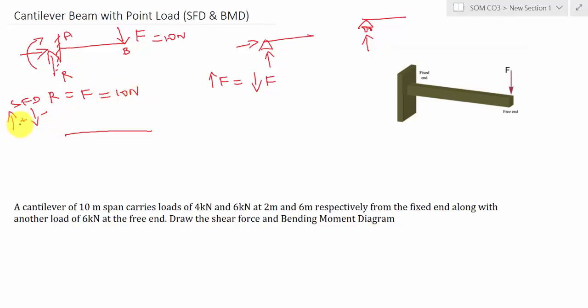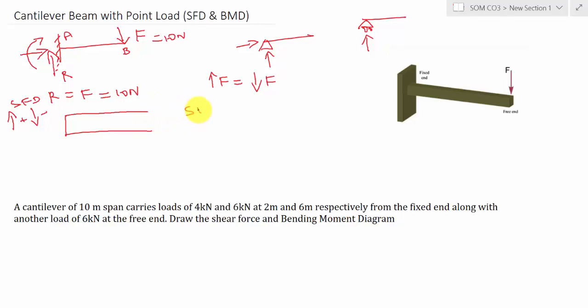Since it is acting upward, it is considered positive. For a point load, the shear force will be a straight line. Then at point B, a magnitude of 10 Newton is acting in the downward direction.